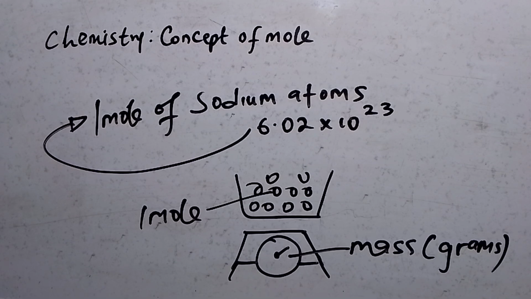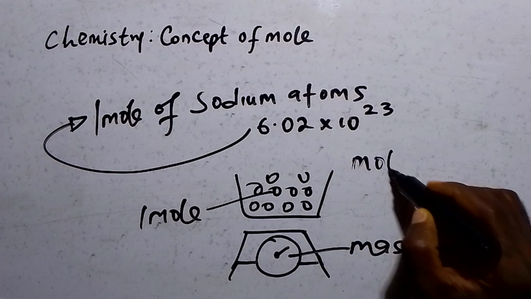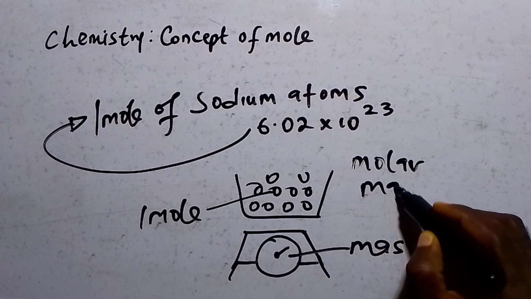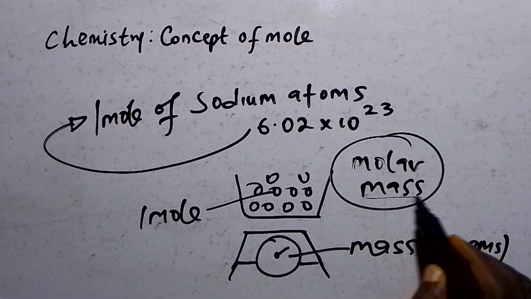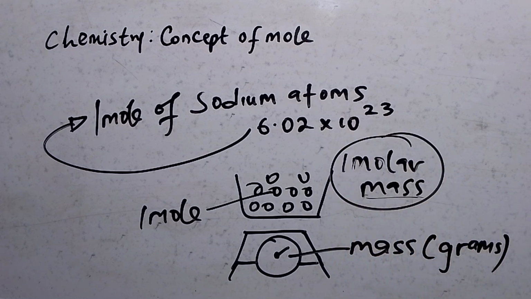Now, when I have known the mass of 1 mole of sodium atoms, what I will call it is molar mass. So what's molar mass? Molar mass is the mass of 1 mole. Does it make sense?